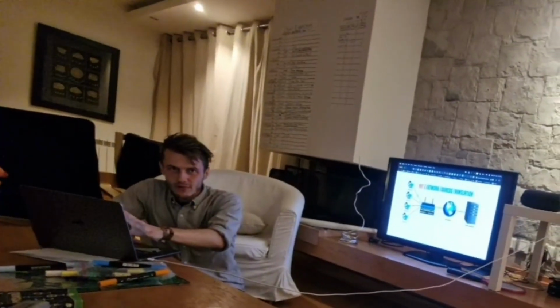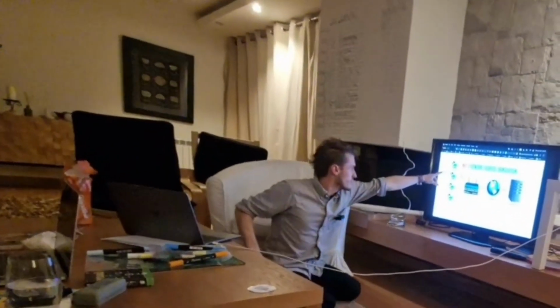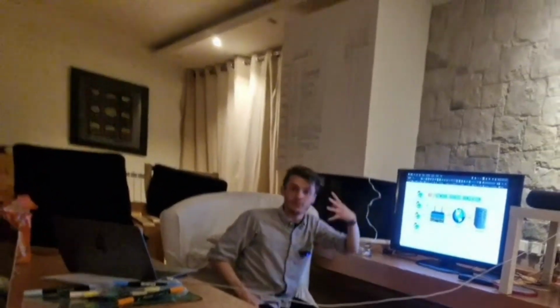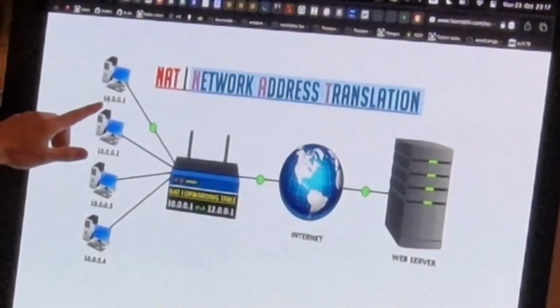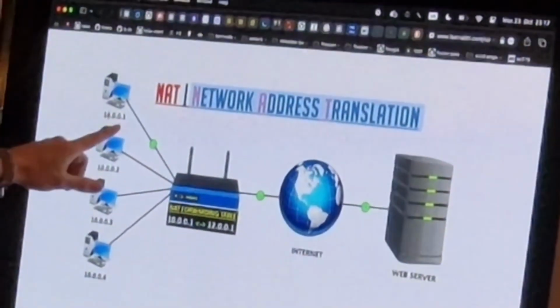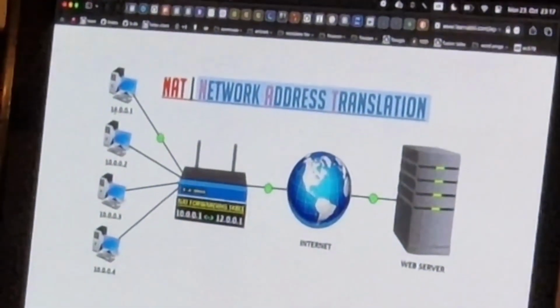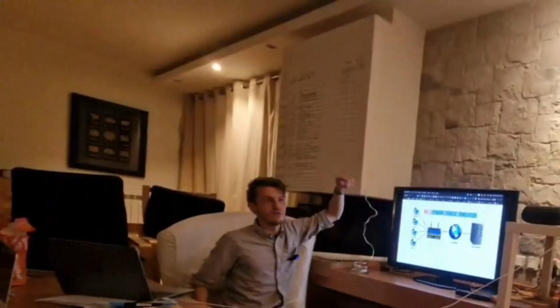This was IPv4. And IPv4 addresses have 0 to 255, so 256 possible numbers in the first place, 256 in the second, third, and fourth. So we have 256 to the power of 4 possible addresses, which is roughly 4 billion.